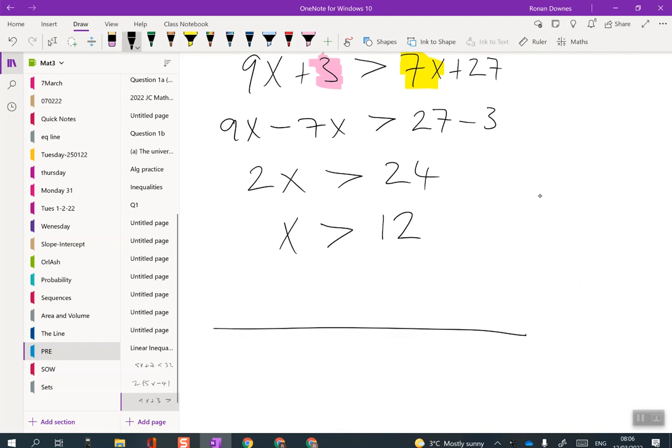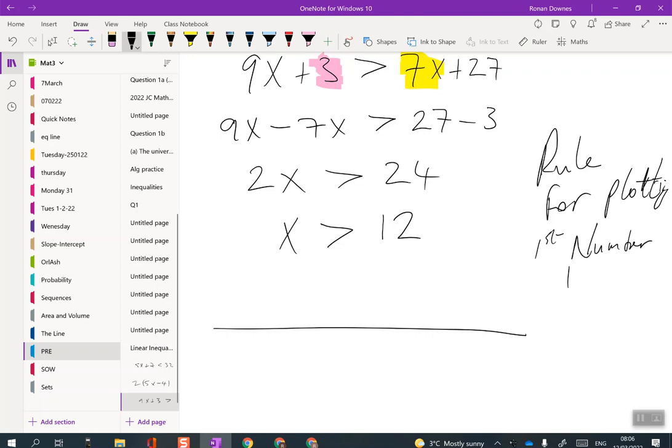So there's a very important rule when you're plotting. First thing to do is number tick. Then this or this, then this with the arrow, depending on what way.